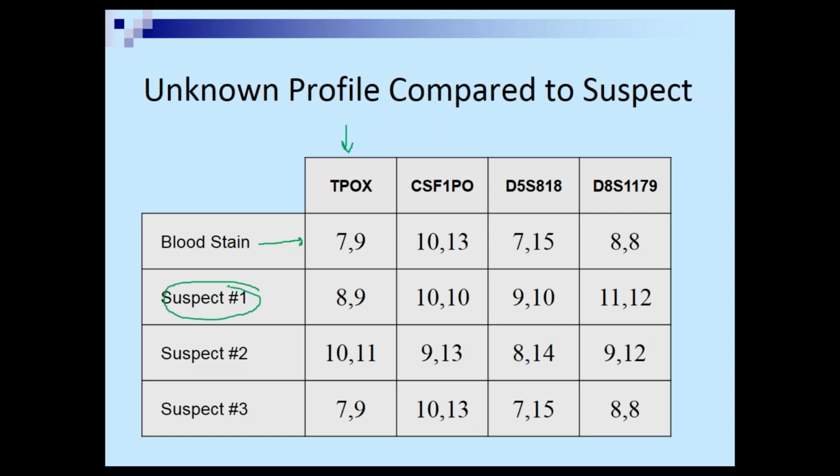Suspect 2, collect their cells, extract, amplify, separate. Your report, 13 pairs of numbers for suspect number 2. And if you run out of suspects, you compare it to a database, right?